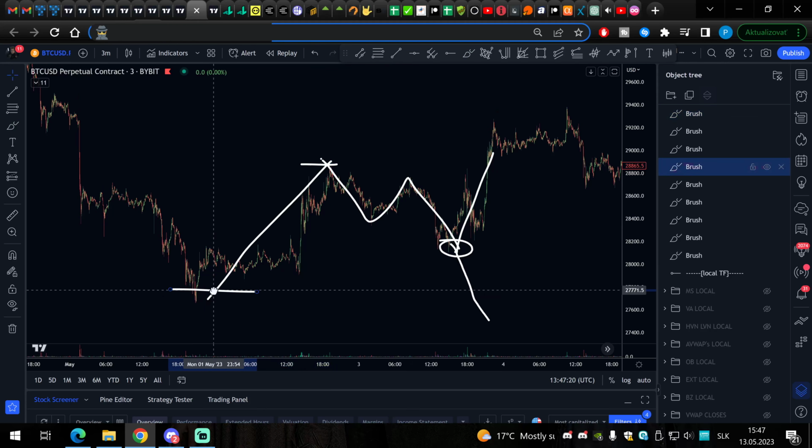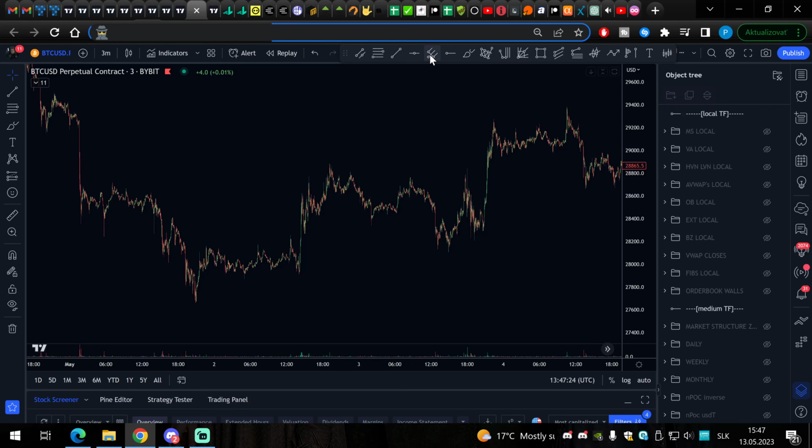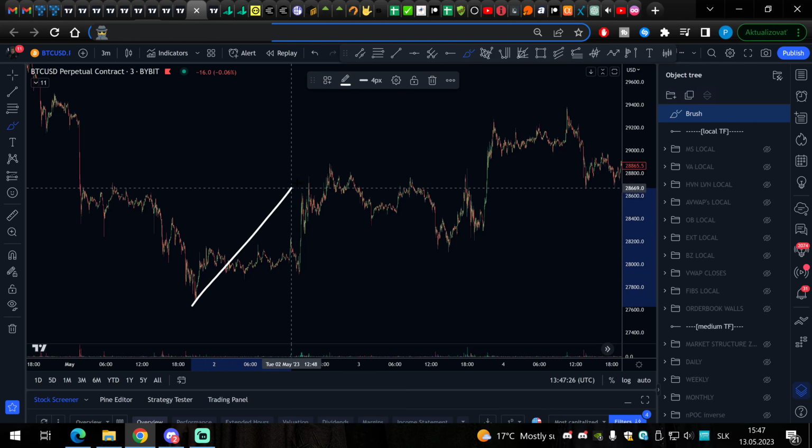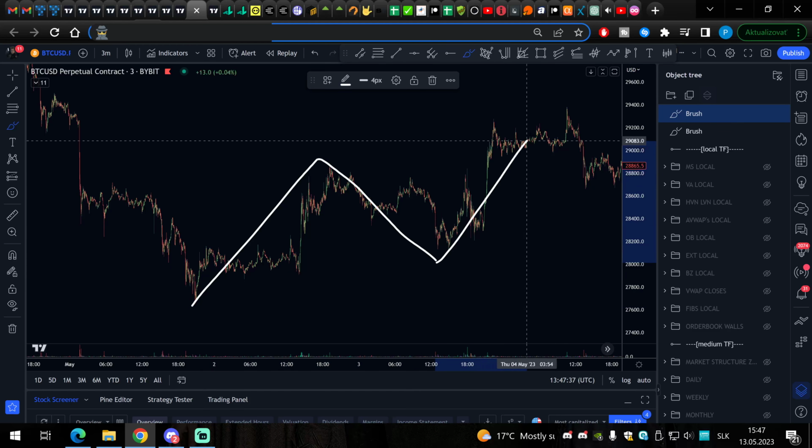So let me delete. Yeah, so now we have the higher high. We go for the higher low. Yes, it's higher than this one, even this one. And now you finally change the market structure.